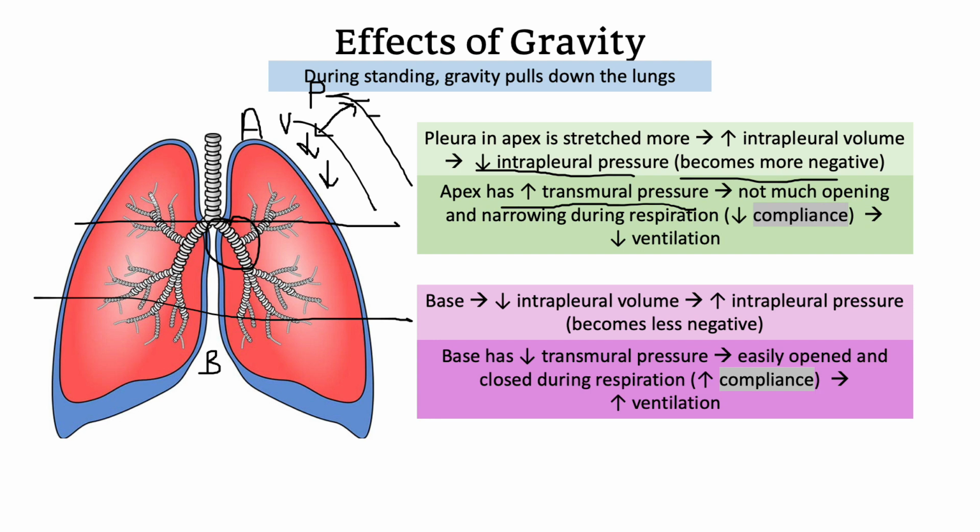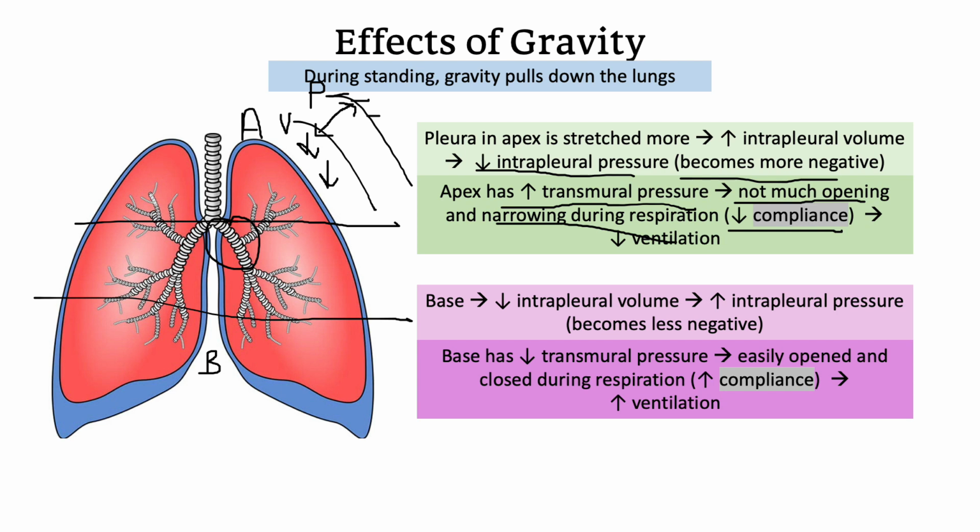So when transmural pressure is increased, it means that there's not much opening and narrowing of the alveoli during respiration. So it is already open. Okay. So when there's not much opening and narrowing during respiration, this is a condition that we call decreased compliance. So I will discuss compliance in my next slide.